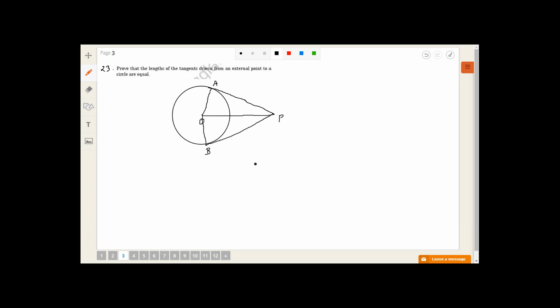Let it be a circle with center O and radius equal to R. So let P be an external point.